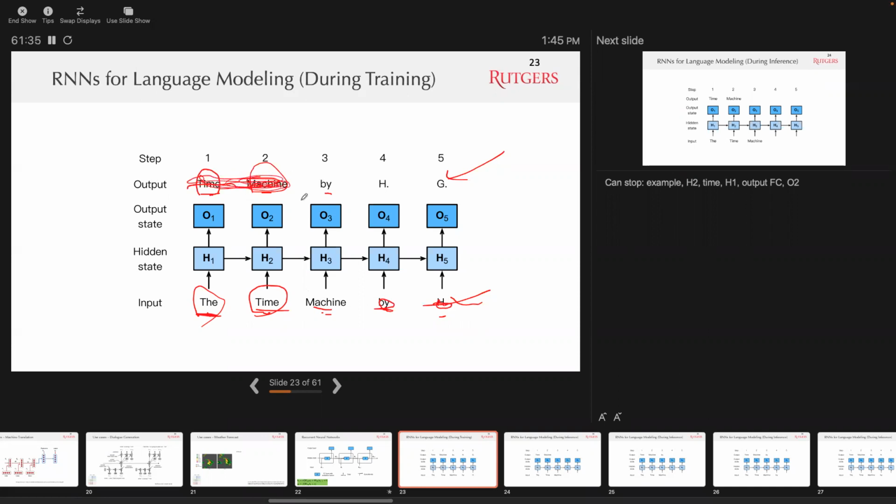This is also doable. If you do this, then you're basically training the network such that it can output multiple words together. Yeah, it's also doable.